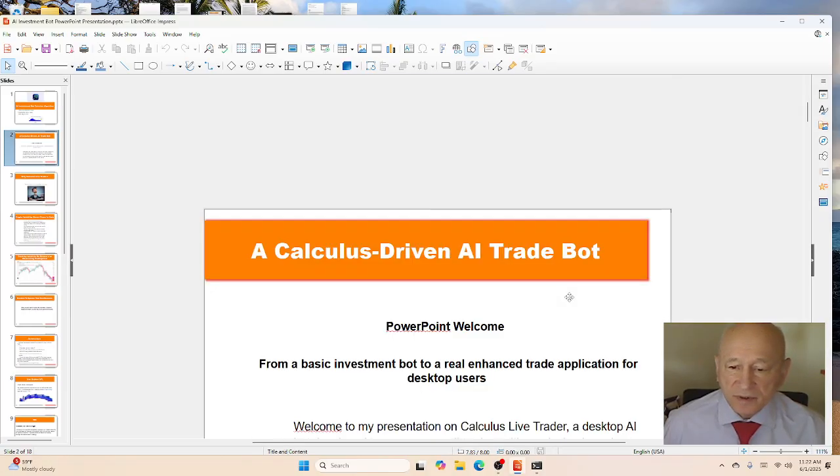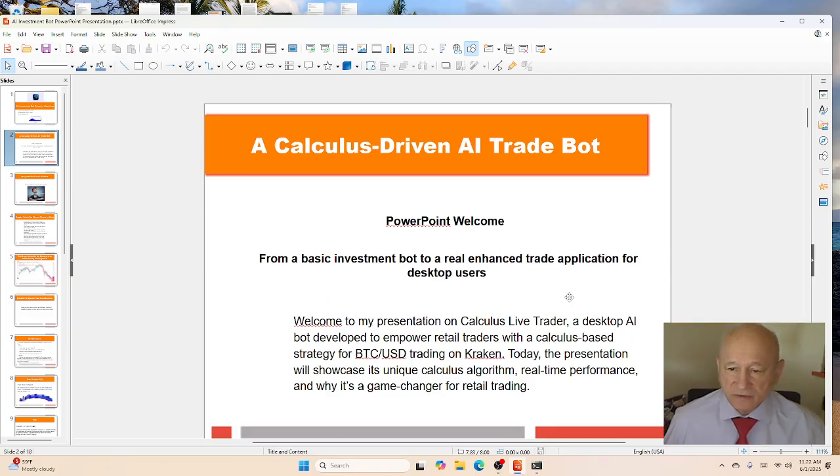And the first topic that I'll discuss is the calculus-driven AI trade bot, which I just showed. In the PowerPoint welcome, I'd like to point out that it's gone from a basic investment bot to a real enhanced trade application for desktop users.